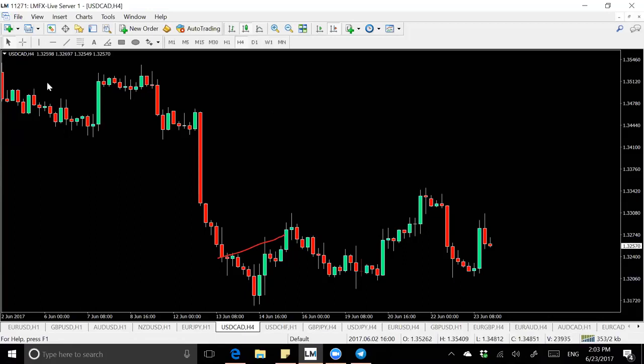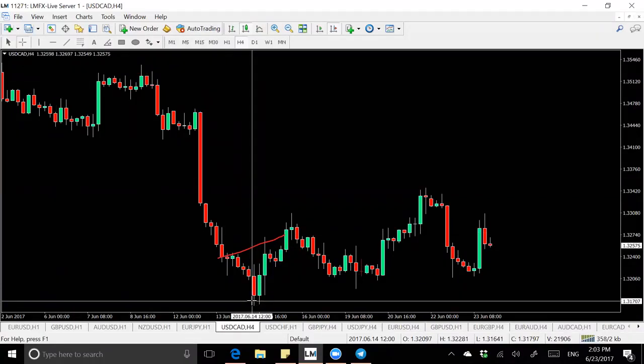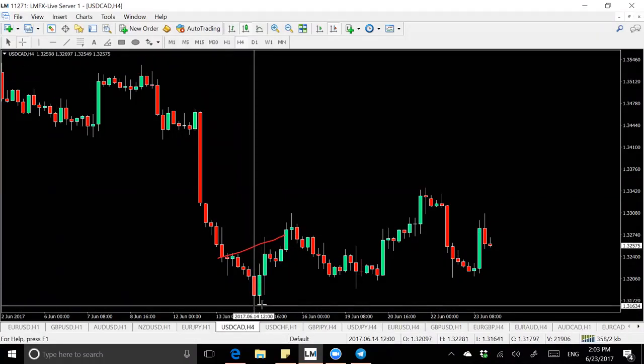So let me ask you guys this. Looking at this chart, this is USD CAD on the 4-hour. Now looking at this, would you guys say this is a trend line right here?